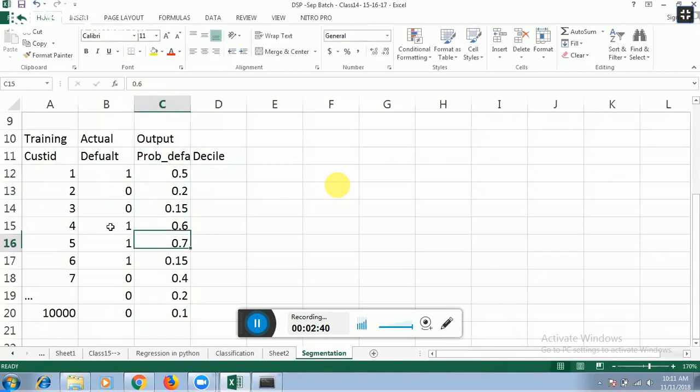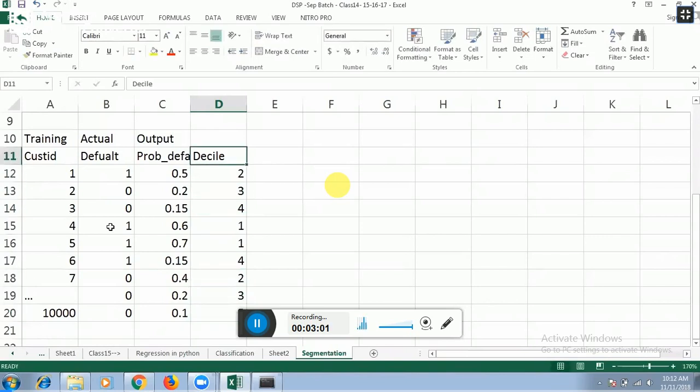For example, in our case, 0.7 belongs to decile 1, 0.6 probably decile 1, and this can be 2, this can be 2, this can be 3, this can be 3, this can be 4, maybe this 5.